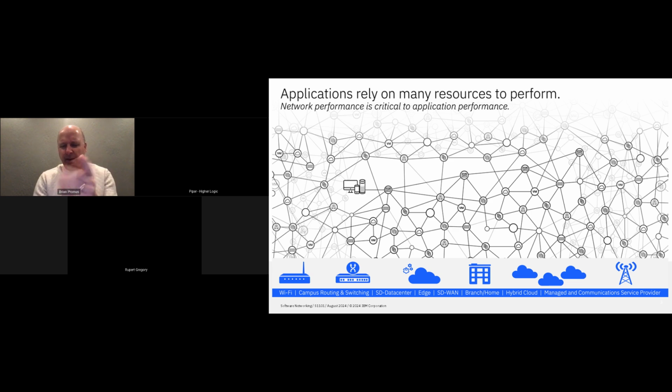Later in the session today, Rupert's going to walk through a live demonstration with you, to give you some color on what that really means. And we'll give you a couple of examples along the way to help give you a perspective.